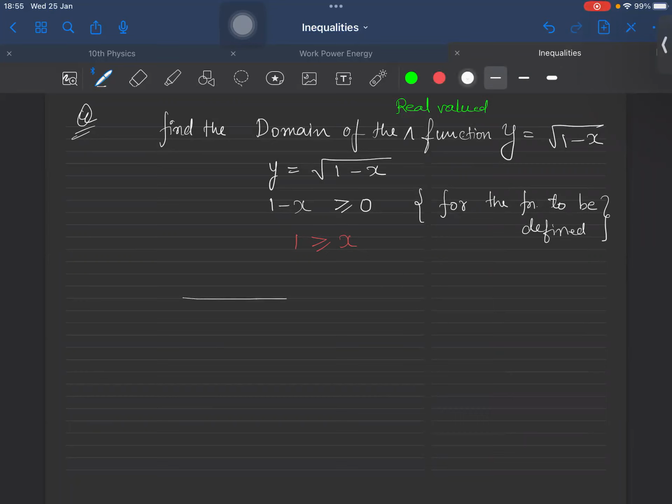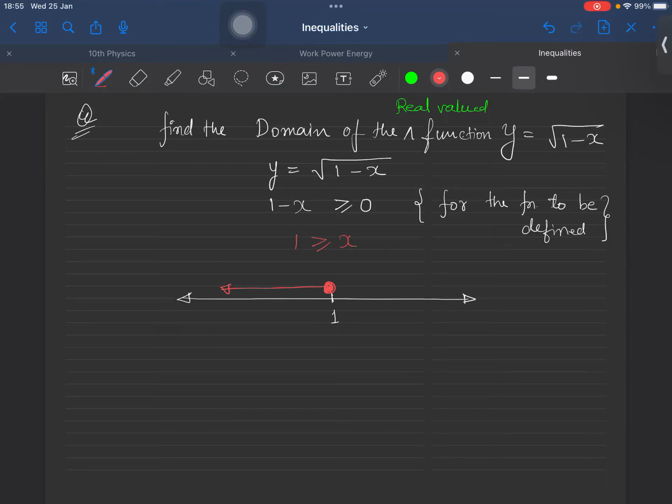Okay, so again, let's go to the number line. Now x is equal to 1 is the critical point, and because there is an equality sign, we'll be using a dark circle or solid circle to represent it. And x has to be lesser than 1. x cannot be greater than 1.